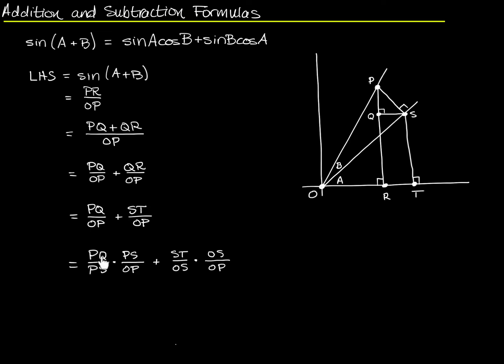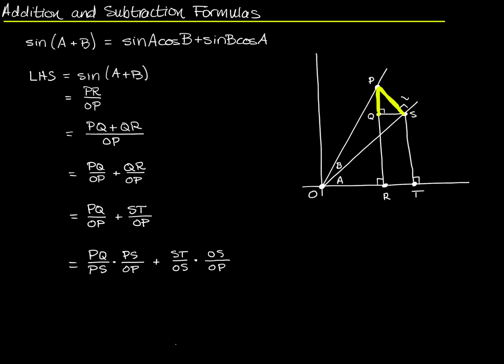Now I want to take each one of these factors and see if I can figure out what it is in my diagram here. PQ over PS is this line segment divided by this line segment, or actually their lengths. Now I can think of the ratio of those two sides, PQ over PS, as the side opposite this angle divided by the hypotenuse, or the side adjacent this angle divided by the hypotenuse.